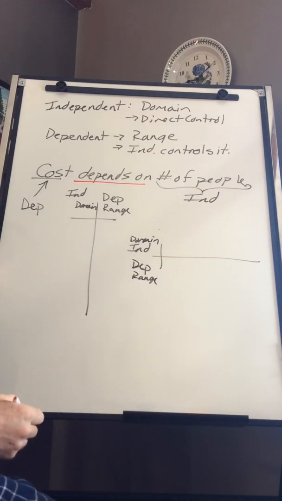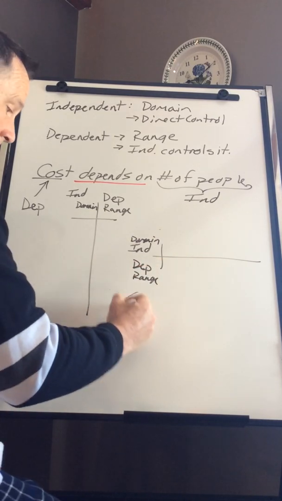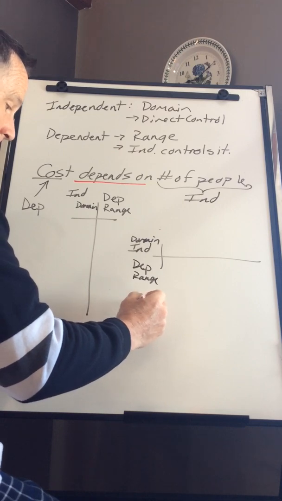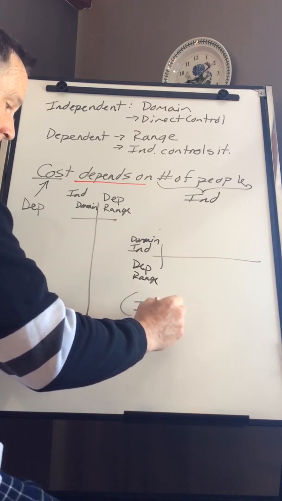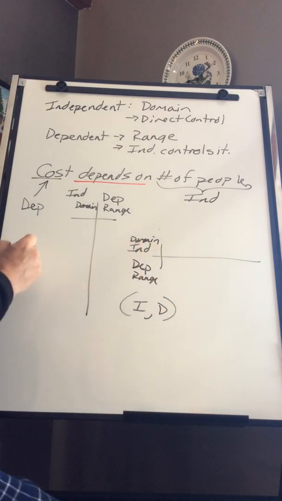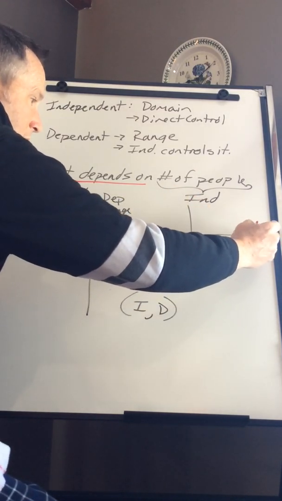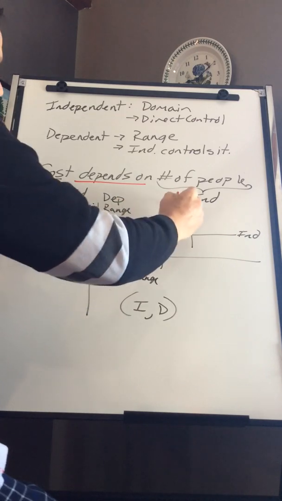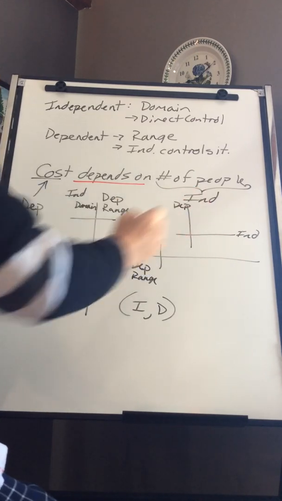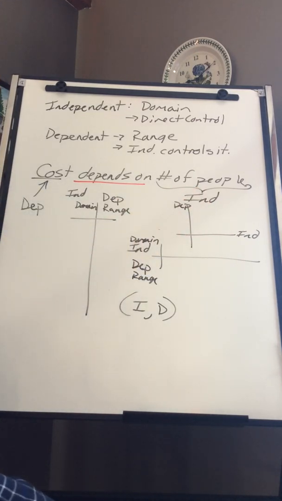Okay? If I have an ordered pair, independent, dependent. A graph. Independent is always on the horizontal axis, and dependent is always on the vertical. Think that covers everything I can think of about independent and dependent.